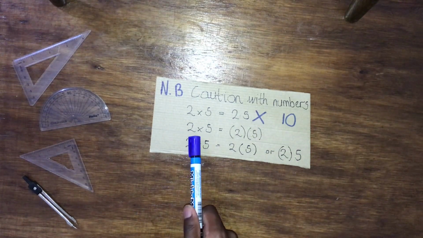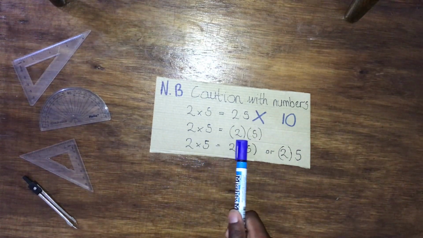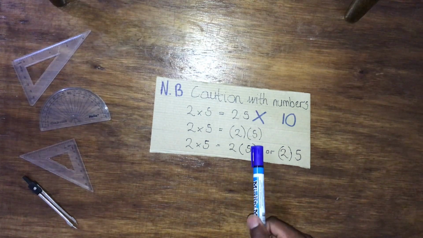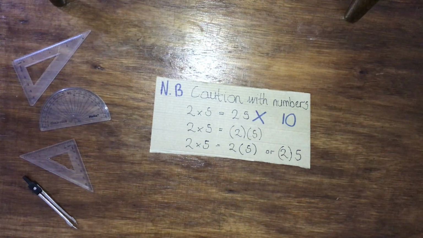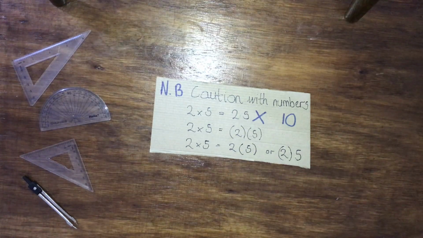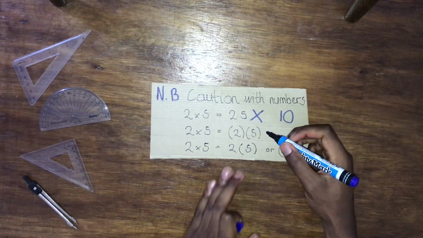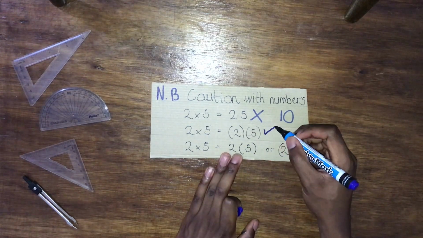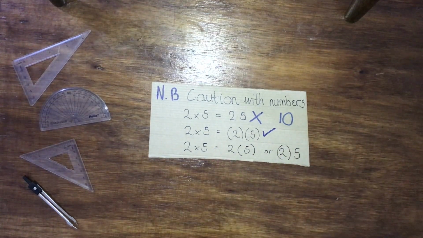On the next line, however, 2 times 5 is equal to 2 in brackets, next to it 5 in brackets. This implies multiplication, so this is indeed correct, as this gives us the answer 10. On the last line, 2 times 5 is equal to 2 in brackets 5, or 2 in brackets and 5.